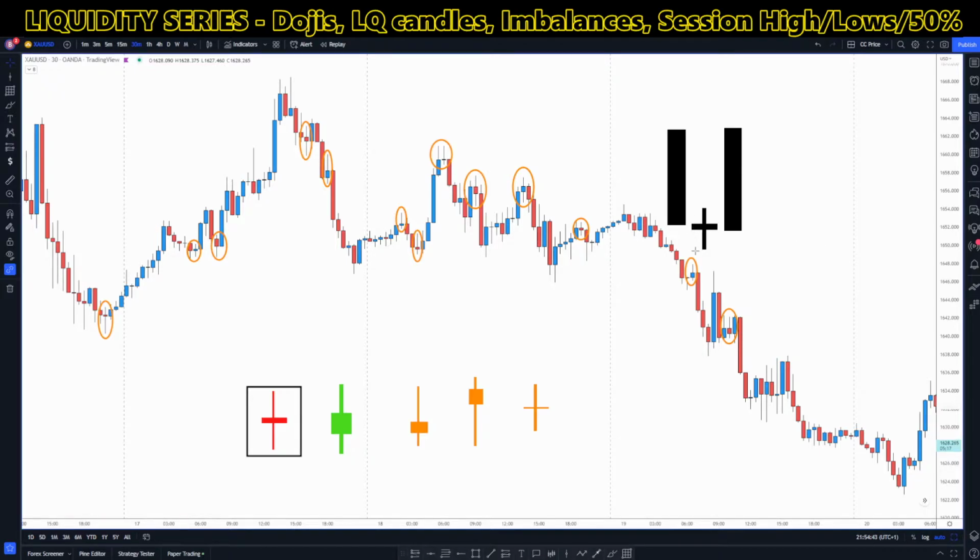Now, a lot of traders would see that and say, okay, when price is crossing the high, they'll put their stop loss underneath it, and they'll try to capture that part of the move.